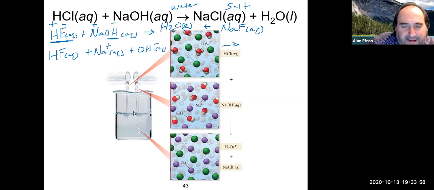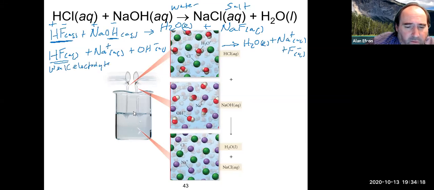On the other side, we will have our water, which will stay together, and our sodium fluoride would also break apart. So this is what our total ionic equation would look like. Again, because this is a weak electrolyte, we keep it together when we get to this part. Any questions on that there?